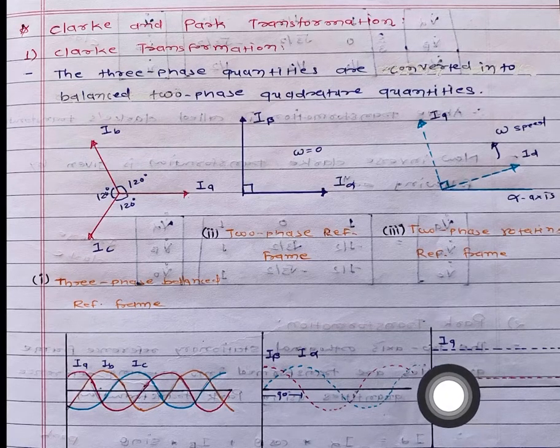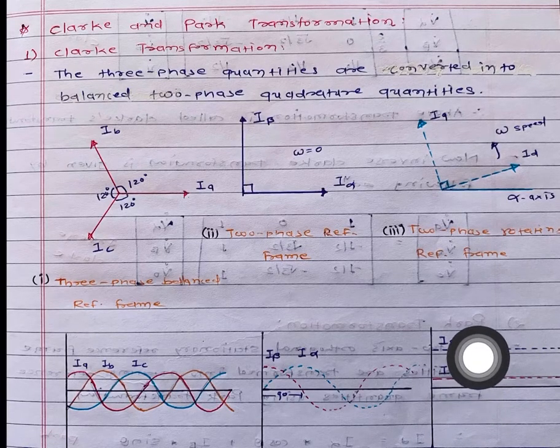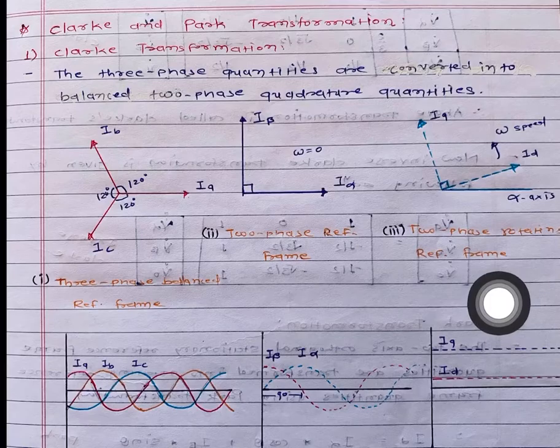Now for rotating, the constant terms ID and IQ will be obtained due to the omega reference speed.